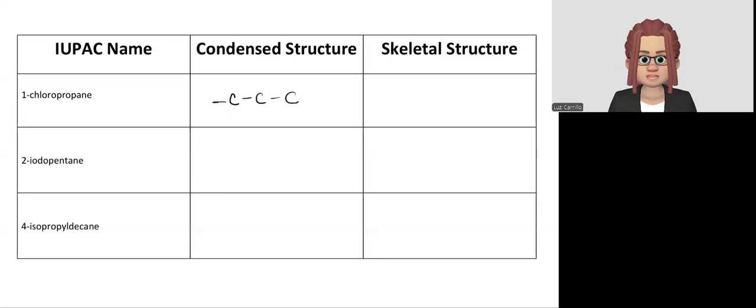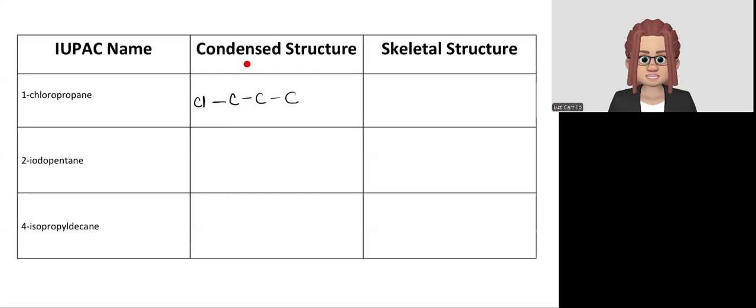So on carbon number 1, I put a chlorine. Now understand that you could have drawn the chlorine pointing this direction. You could have pointed the chlorine in this direction. So it's basically your artistic expression, whatever direction you are going to place that chlorine, as long as you put it on the first carbon in the molecule.